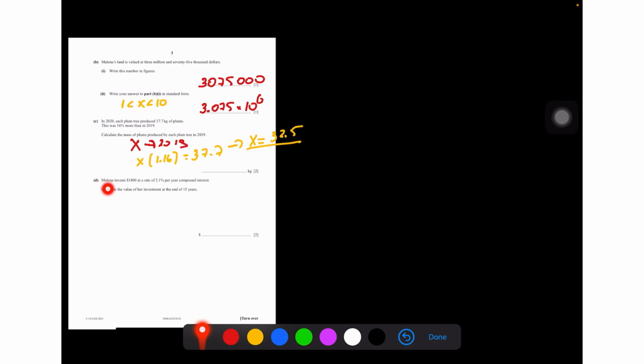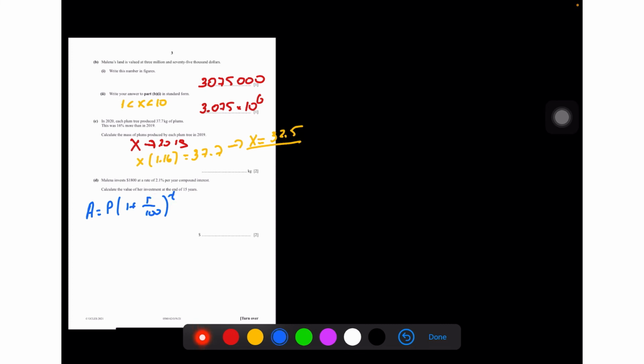And thirdly, Velna invested 1,800 at a rate of 2.1% per year compound interest. Calculate the value of her investment at the end of 15 years. First we have to write the compound interest formula: A equals P times 1 plus R out of 100, to the power of T. Here A is the total amount, P is the initial or invested amount, R is the rate percent, and T is the time.